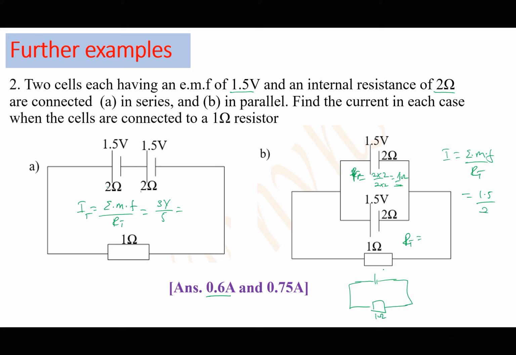This is one cell of 1.5 volts because it is the effective one, and its internal resistance is going to be 1 ohm after combining those two. So this gives us 1.5 divided by 2, which is, I think, 0.75 amperes. I think those are the only complex questions for us.